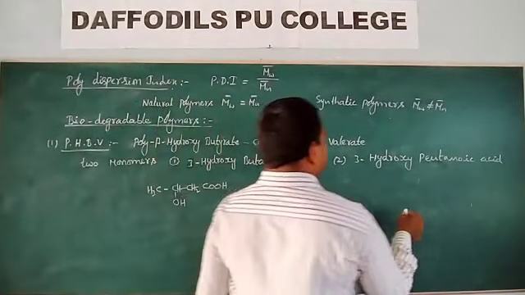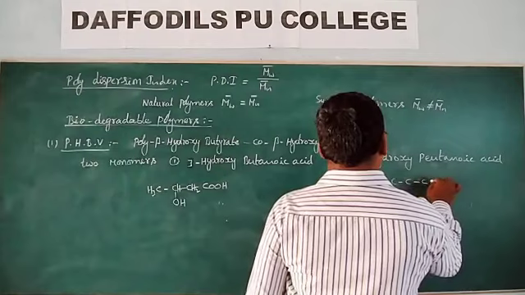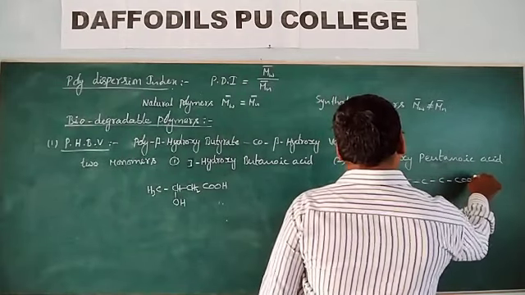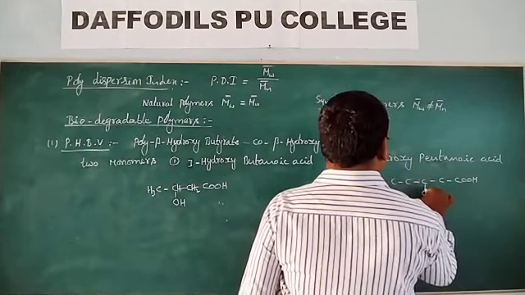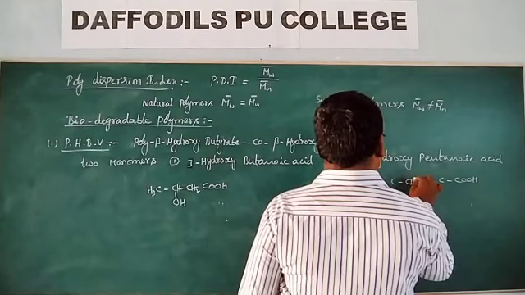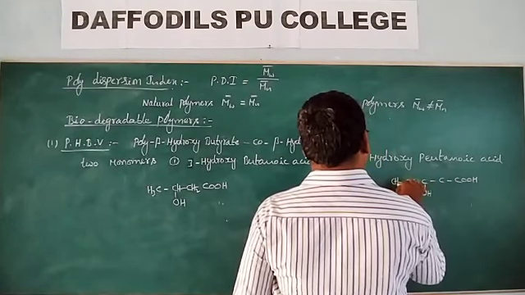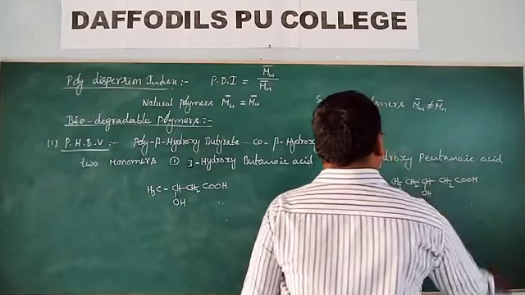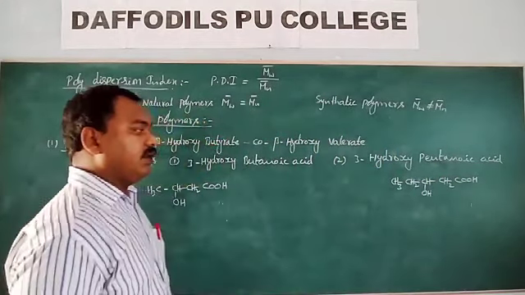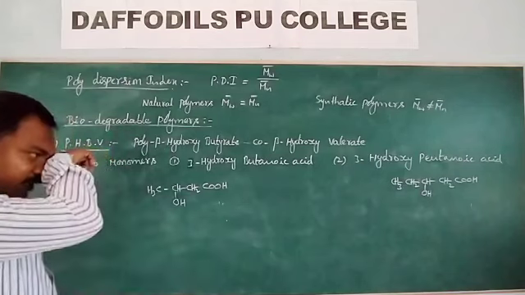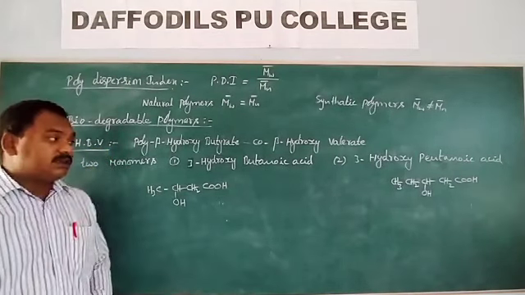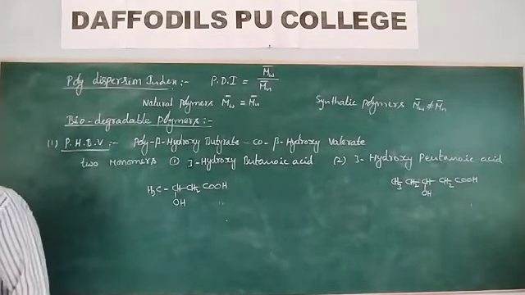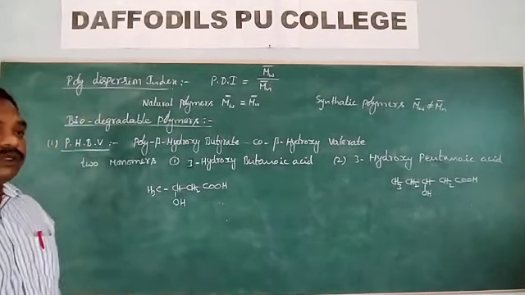And this is 3-hydroxy pentanoic acid. The polymer of 3-hydroxy butanoic acid and 3-hydroxy pentanoic acid is PHBV.